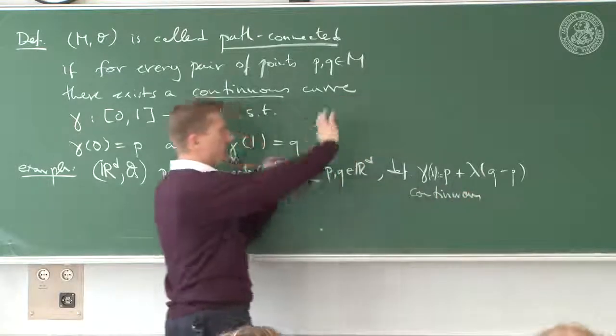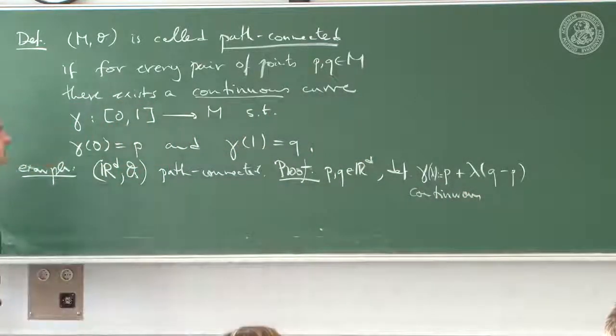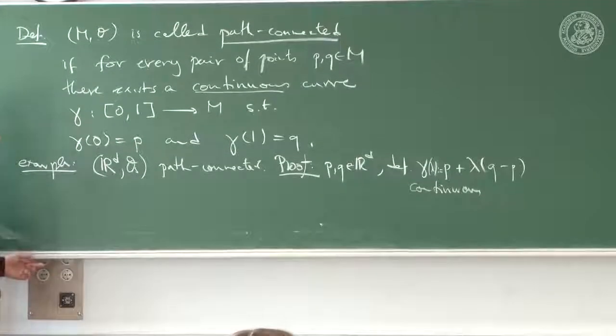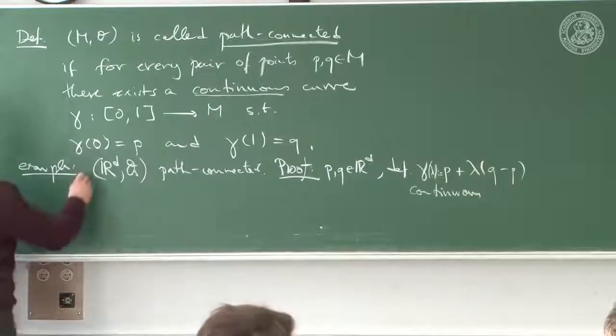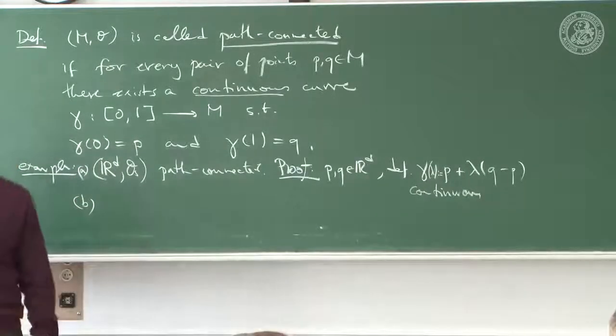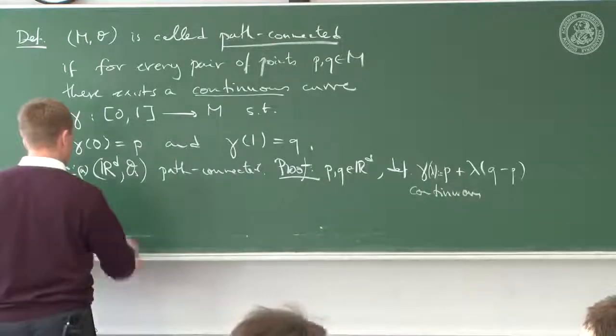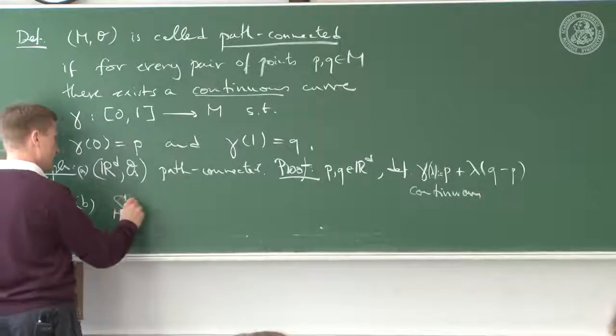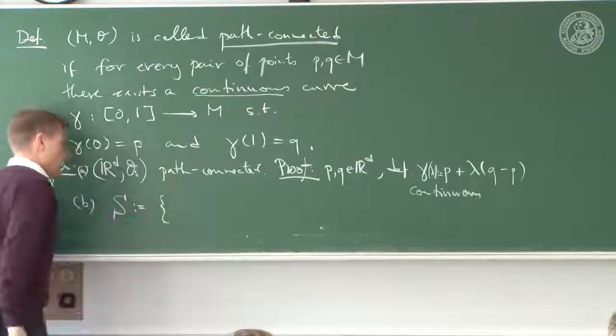It's just a straight line connecting the two. And in the standard topology, that's continuous. So between any two points, there exists such a curve. That's the first example. The second example, for a not path connected space, one has to work a little harder. We define the set S. How does that look?